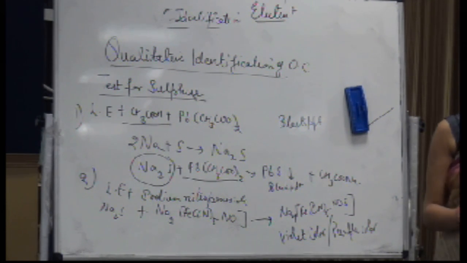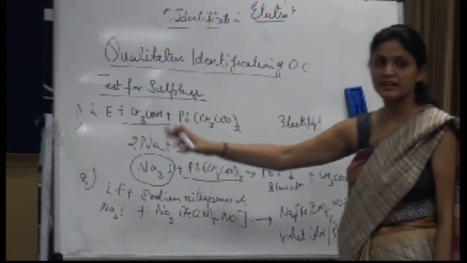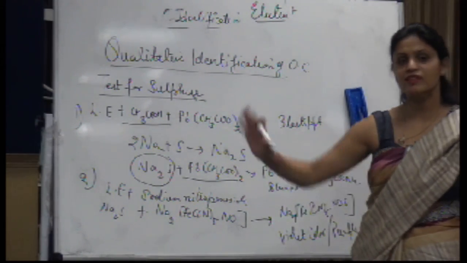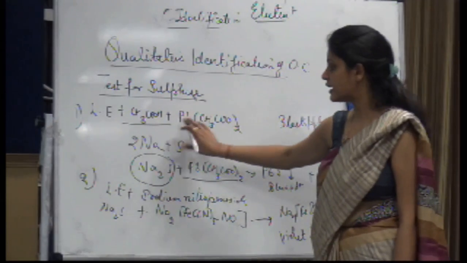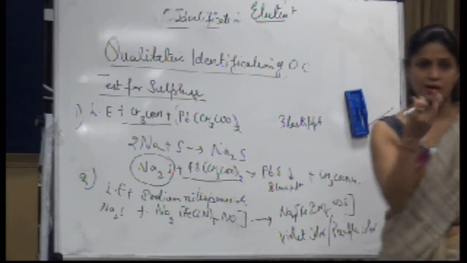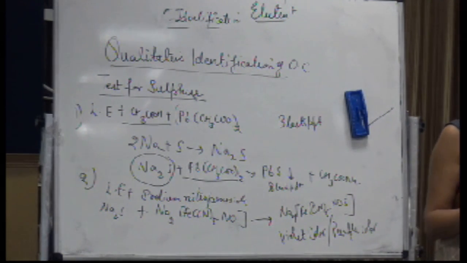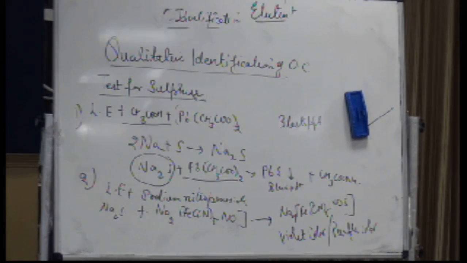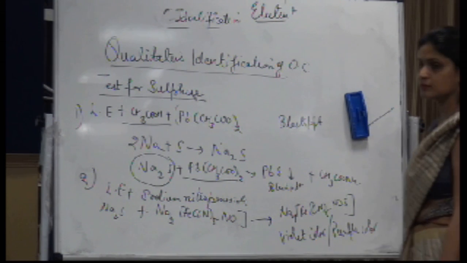Because I know Lassaigne's extract is basic in nature, I have nullified that basic nature and then added this compound, because for this reaction I want the medium to be neutral. Any doubts?